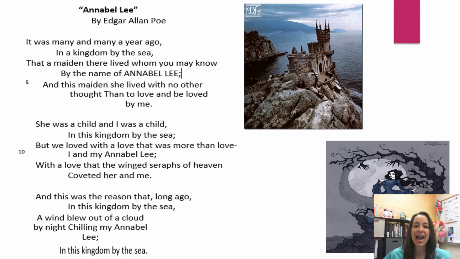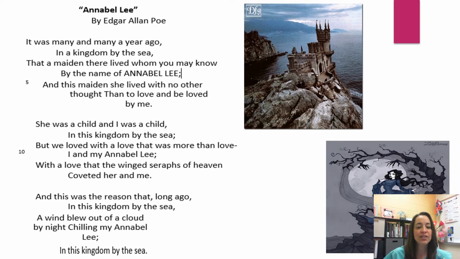Annabel Lee by Edgar Allan Poe. It was many and many a year ago, in a kingdom by the sea, that a maiden there lived whom you may know by the name of Annabel Lee. And this maiden, she lived with no other thought than to love and be loved by me.